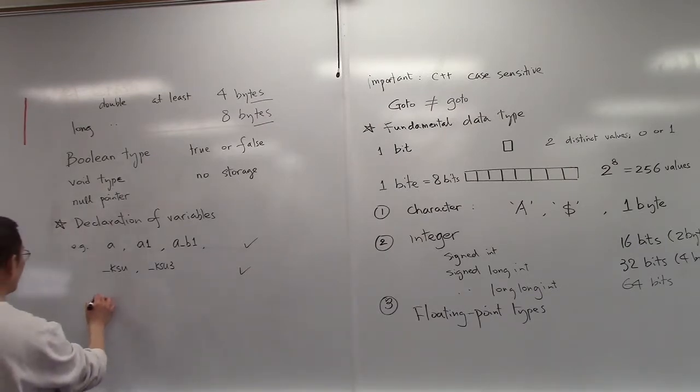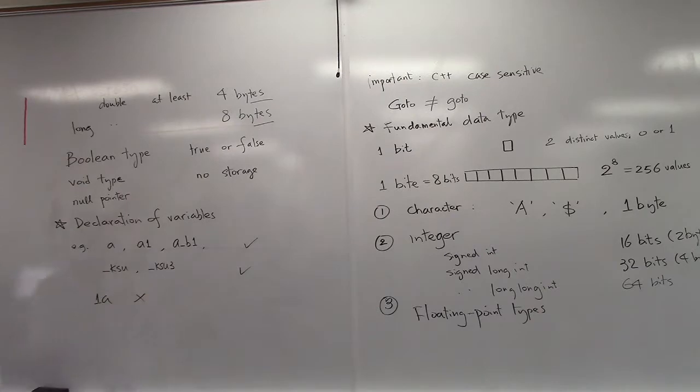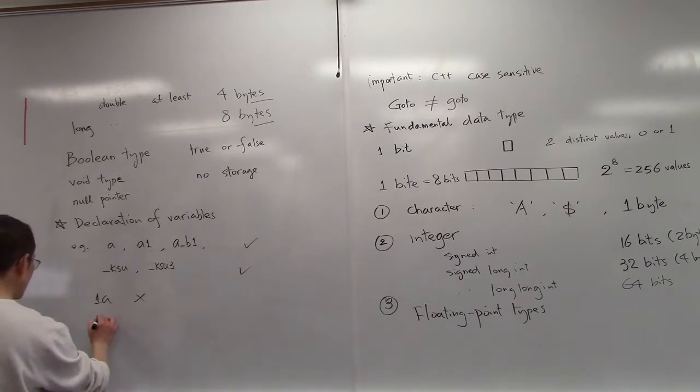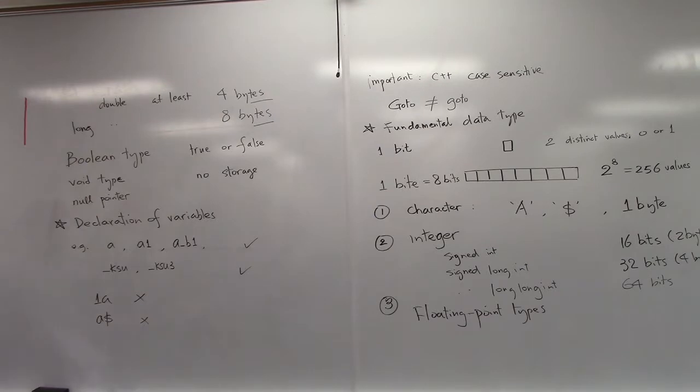But I cannot put 1A, so that is an illegal variable. I can also not write a dollar sign. That is not allowed. Okay, so only alphabetical characters, underscore or numbers, and it has to start with either alphabetical or underscore. That's it. And of course, it cannot contain space. So that's a variable.